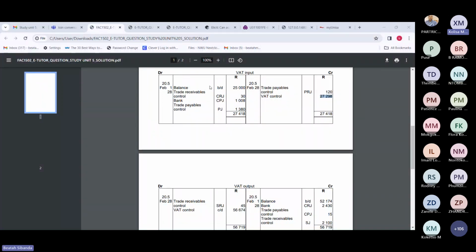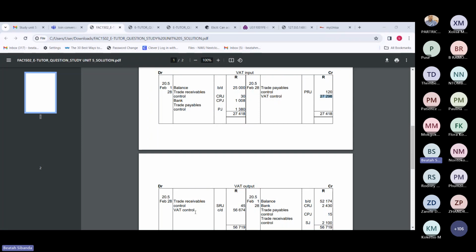Can I just add on to that? The whole idea of preparing the VAT input account was to find out the net VAT input, or the total VAT input, after all the adjustments. So the balancing figure goes to the VAT control account. And then the VAT output was to determine the total VAT output.